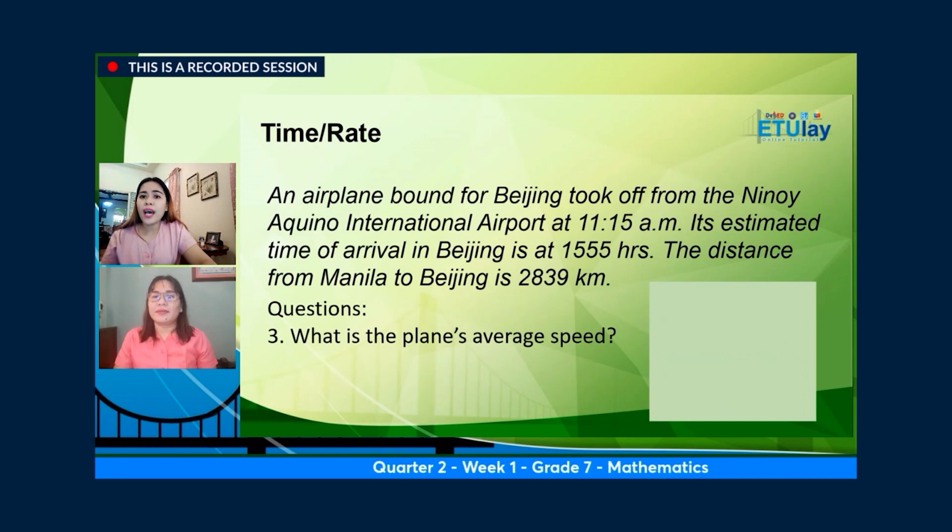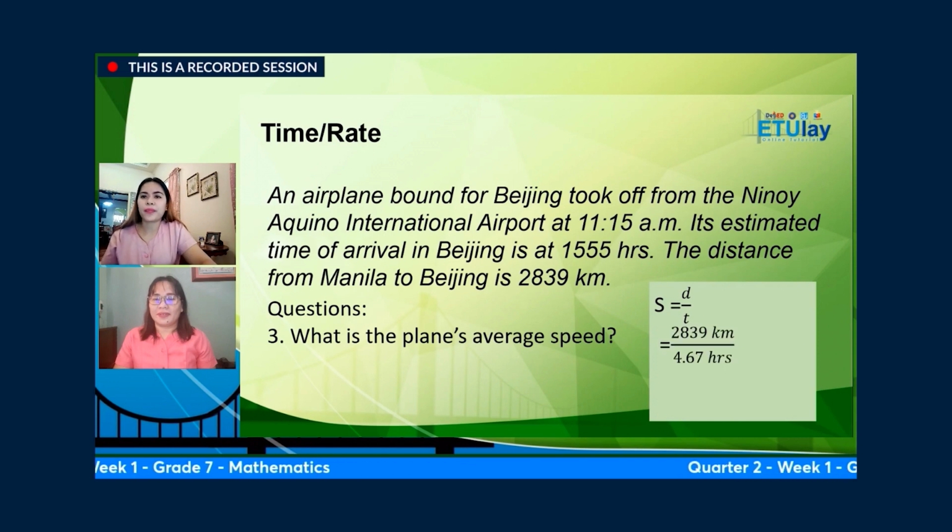Okay, how about question number 3? What is the plane's average speed? So speed is being asked. To get the speed, we have the formula S equals D over T, where D stands for distance and T stands for time.